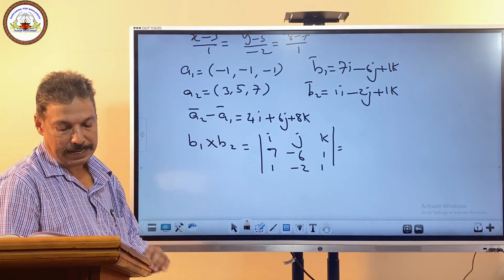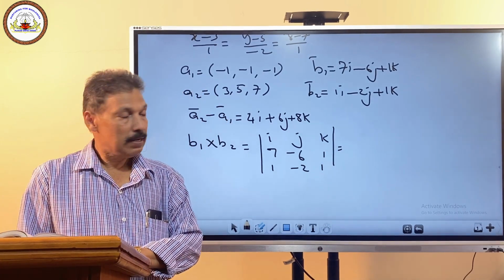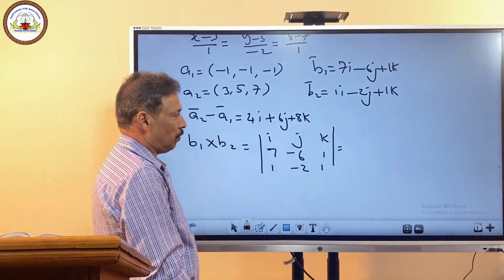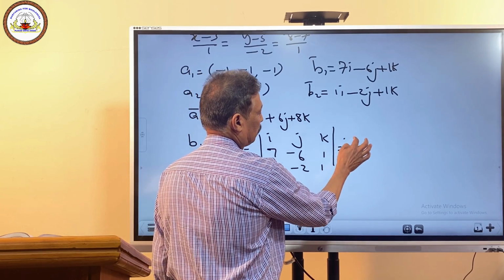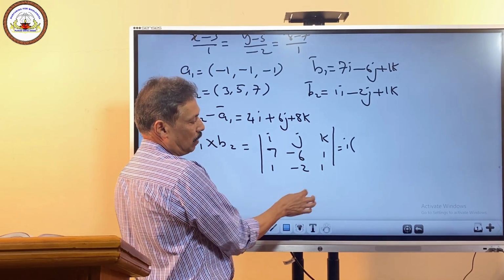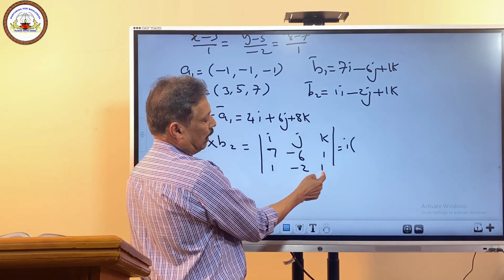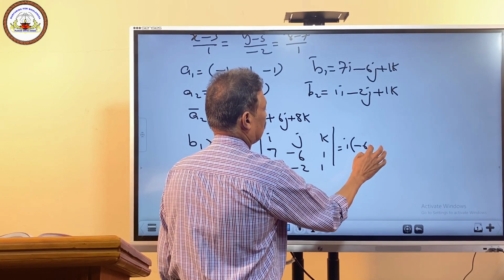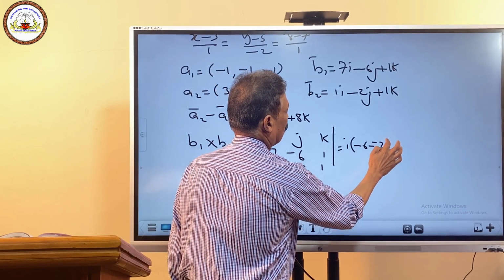Expanding this determinant, first i into, avoiding this row and column, these 4 elements: minus 6 into 1 minus 1 into minus 2.